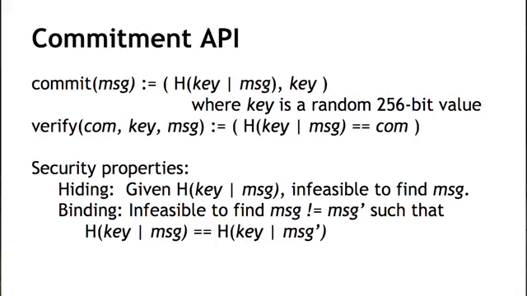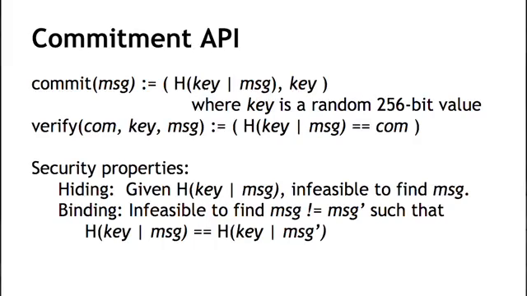And as the key value, we're going to return the key. And then later, to verify, someone is going to compute this same hash of the key they were given, concatenated with the message, and check whether that's equal to the commitment that they saw. Okay, so this is a way of using hash functions both in the commitment and in the verification.